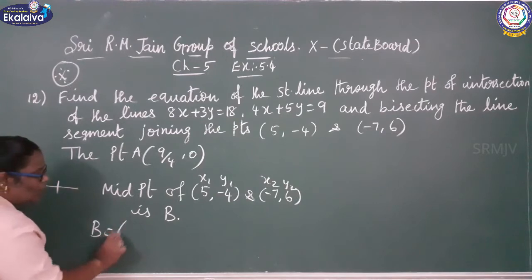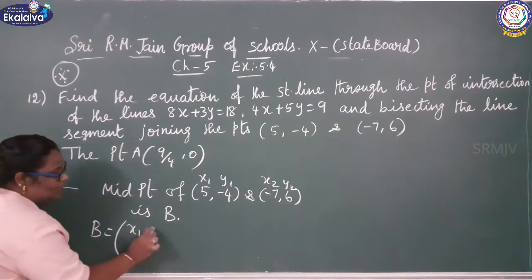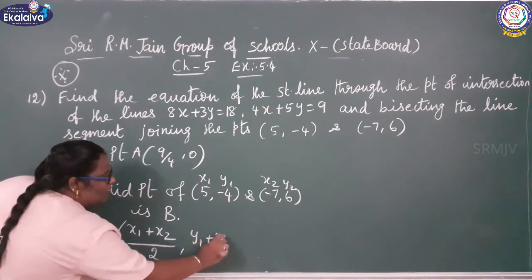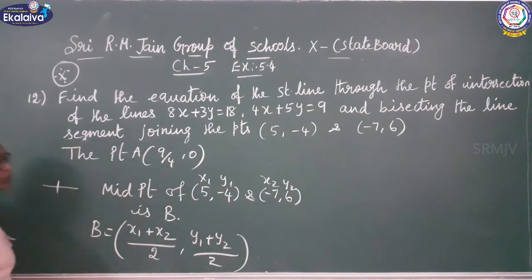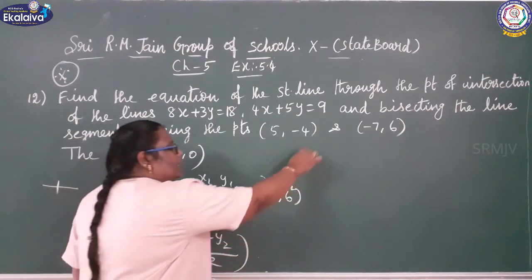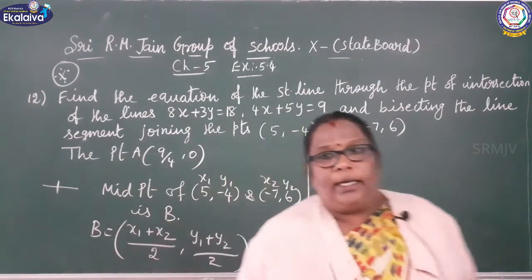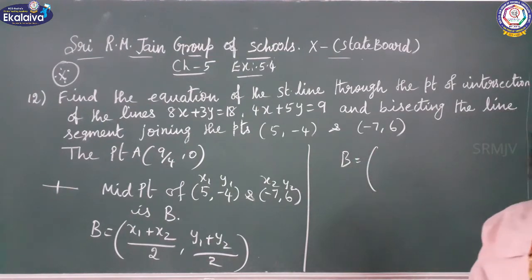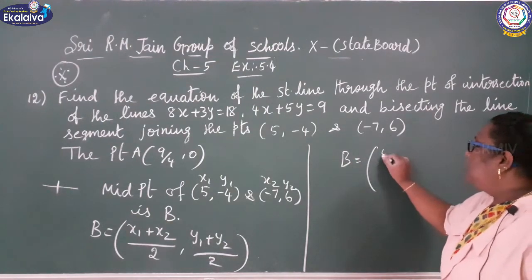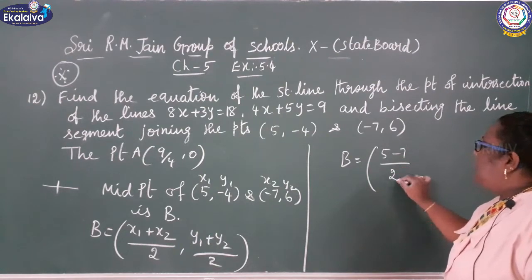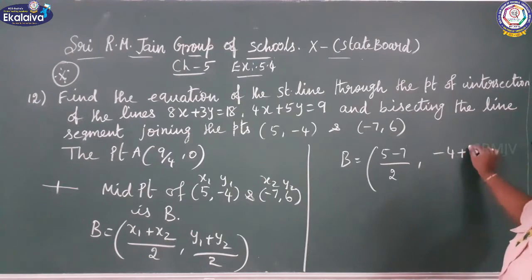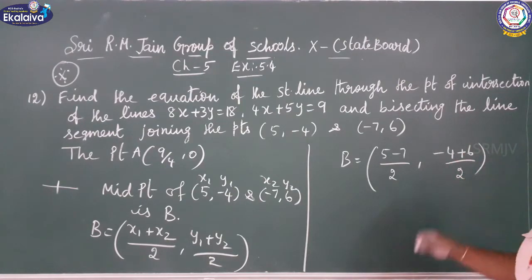Therefore B equal to, what is the formula? x1 plus x2 by 2 comma y1 plus y2 by 2. So B equal to 5 minus 7 by 2 comma minus 4 plus 6 by 2.